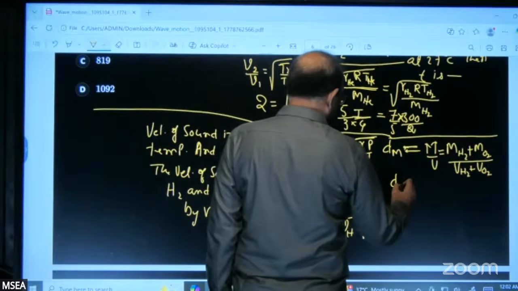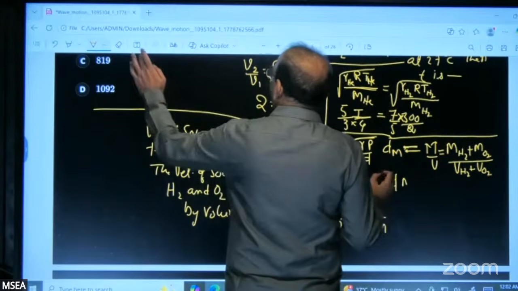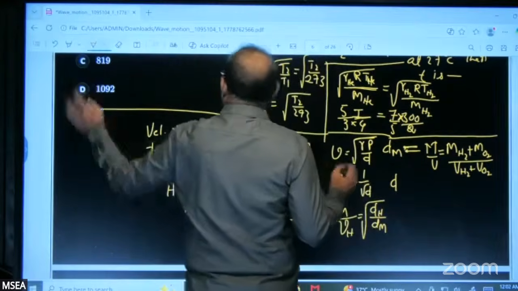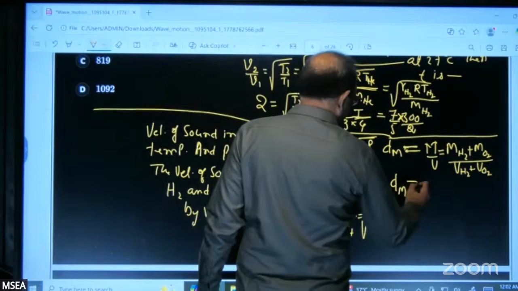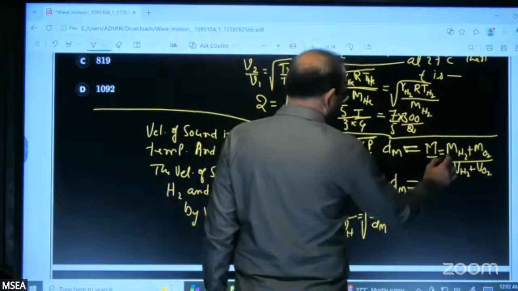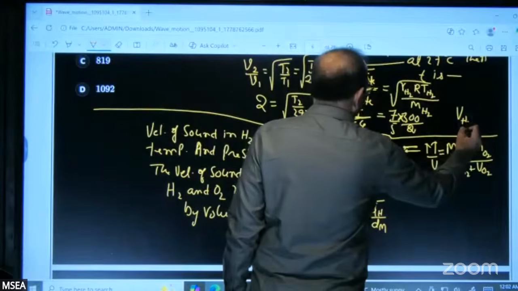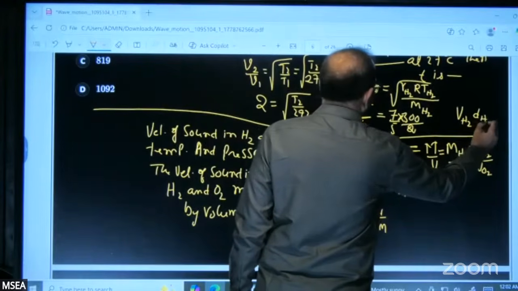The mass of hydrogen is volume of hydrogen into density of hydrogen.